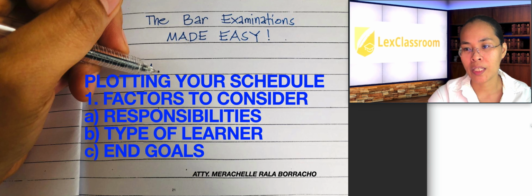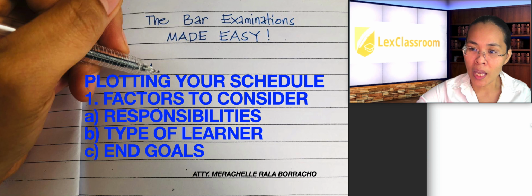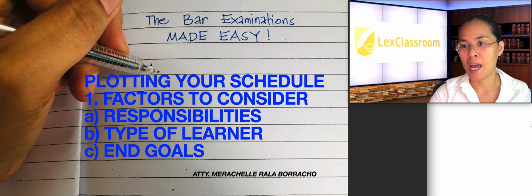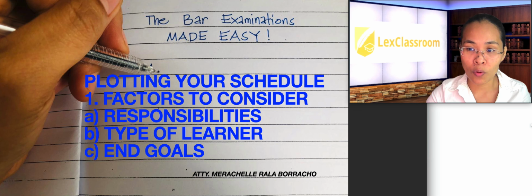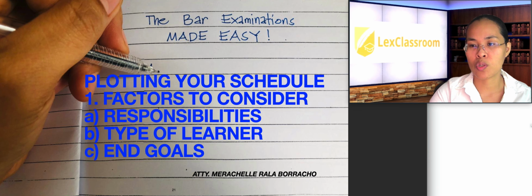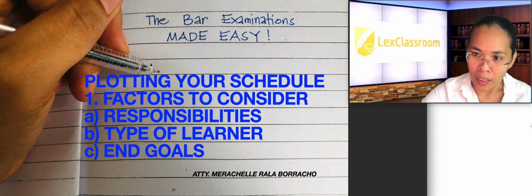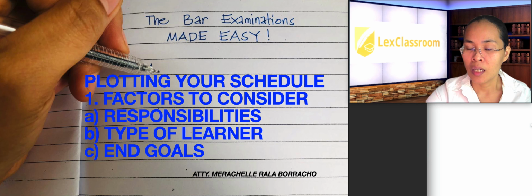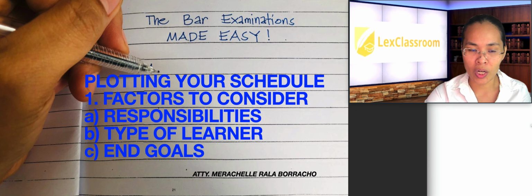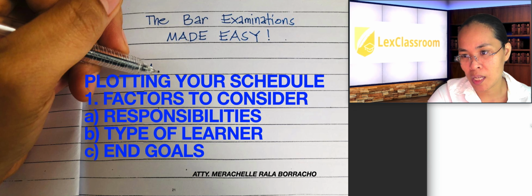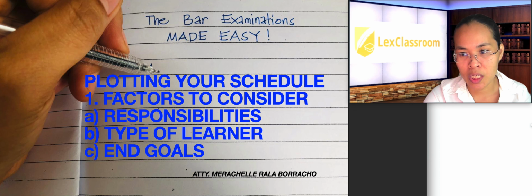And if you're a law student watching this, your end goal would be to study for an exam, to pass all the subjects for the semester, to pass first year, and then to pass fourth year or graduate from law school. So let's keep that aside, because in a while I will be specifying what you should try to establish when you are plotting your schedule.